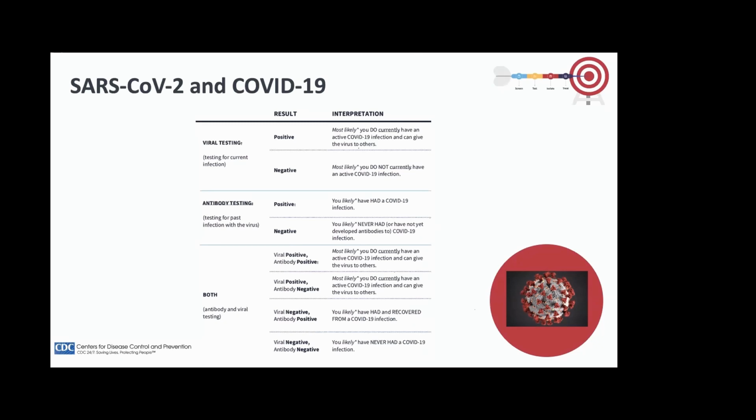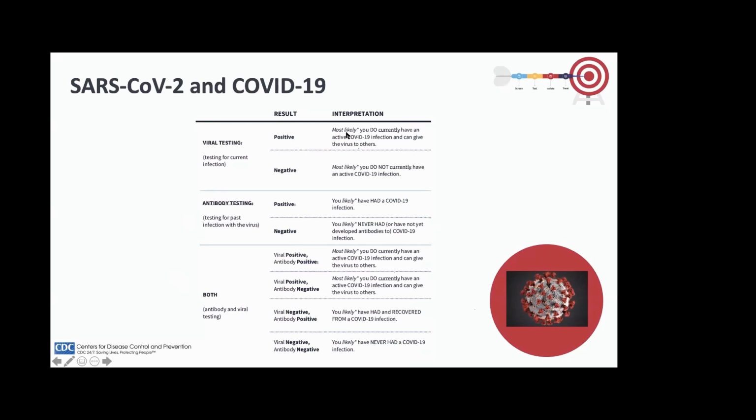There was a lot of debate about testing, whether to use serology versus PCR. Well, each one does have a different indication. So viral testing, looking at the virus via PCR, is to test for the current infection. So to confirm current infection, you need a PCR.